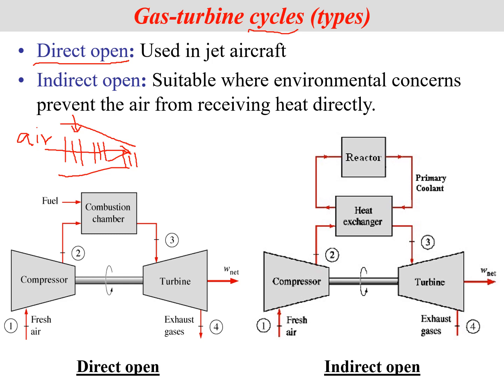We add fuel here. We burn it here, and we produce power there and just exhaust the gases out. This is one of the most common examples, commonly seen in the jet aircraft. You draw fresh air, you burn it, you produce power from it, and you just exhaust the rest of it.